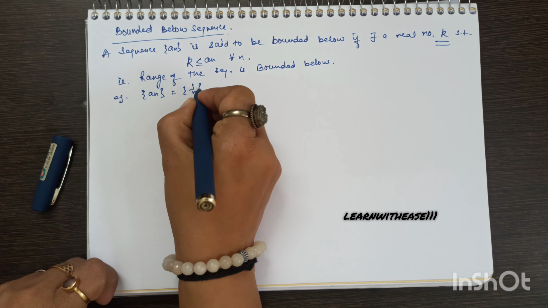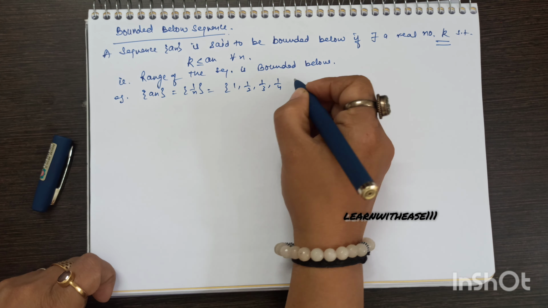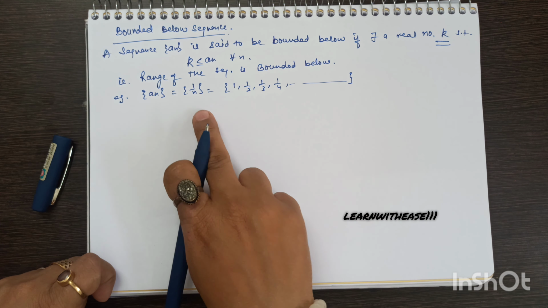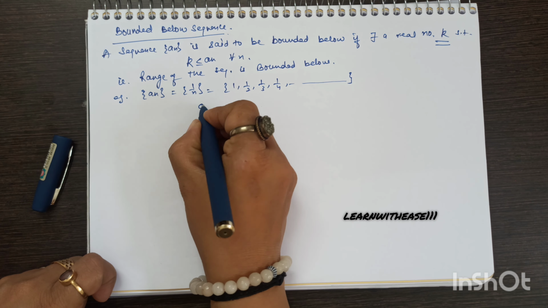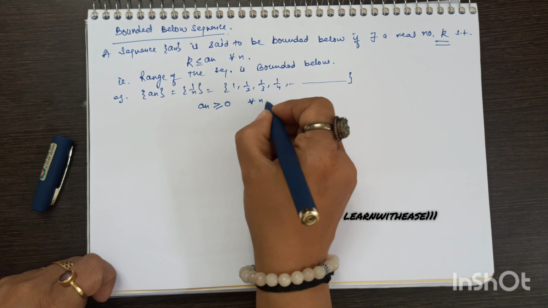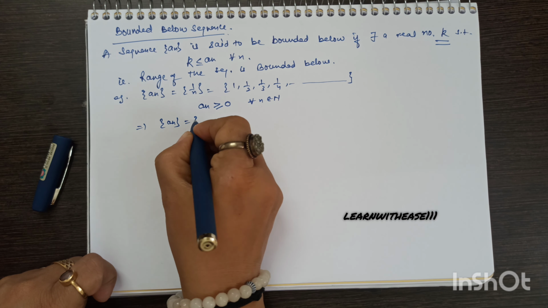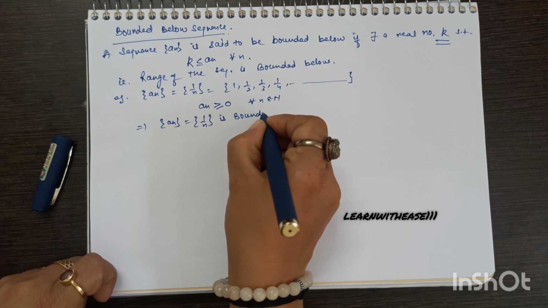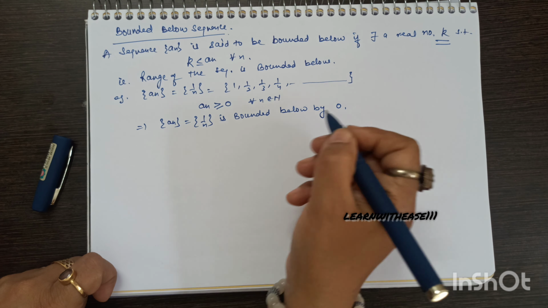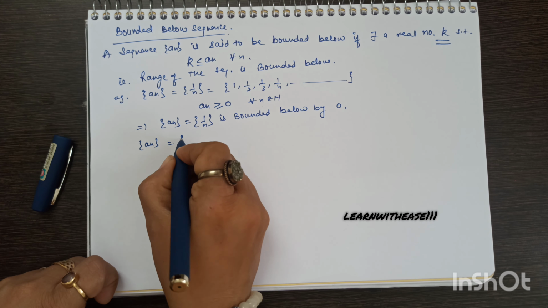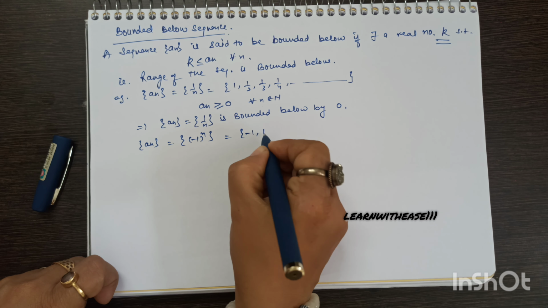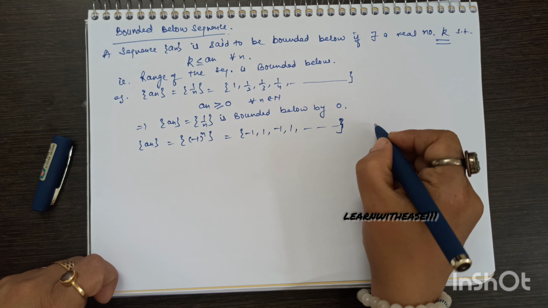For example, I am taking the similar examples to clarify. 1 by n, see all the terms are approaching towards 0. So all the terms are positive, greater than or equal to 0. They won't be equal to 0 because we won't put n equal to infinity here. So all the terms are greater than or equal to 0. The sequence is bounded below by 0.